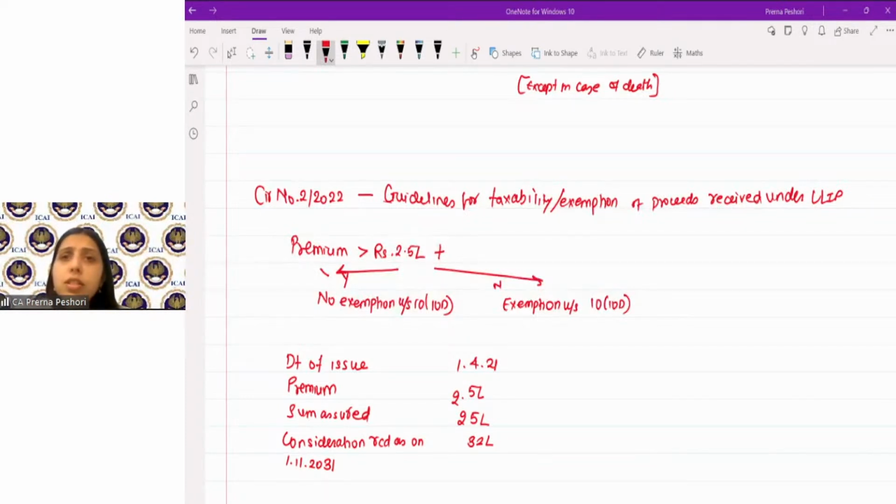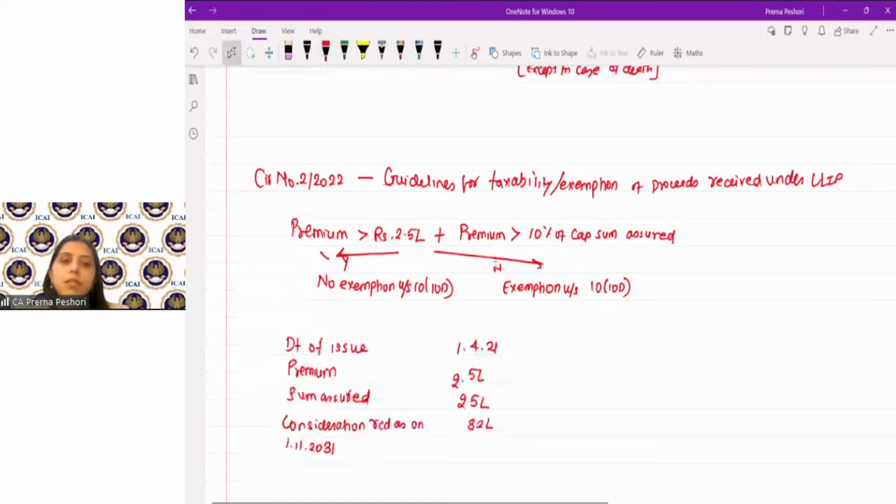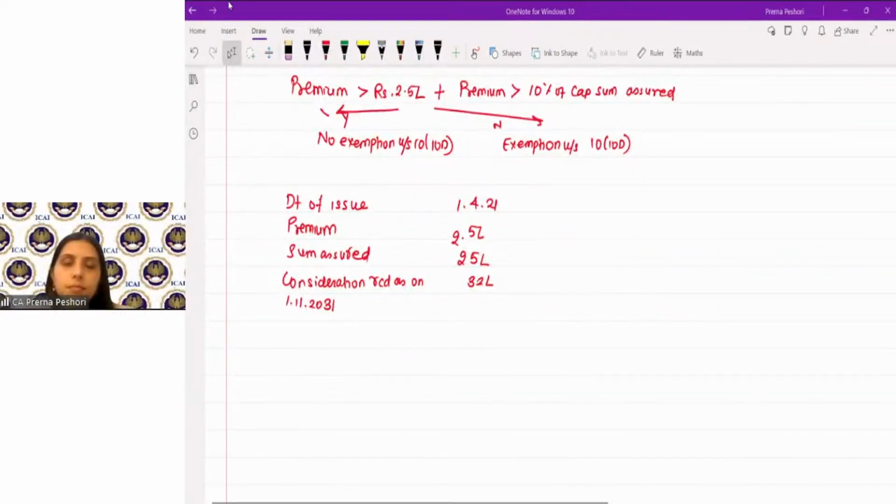The premium paid should not exceed 10% of the sum assured. So whether there will be exemption in this example or not.